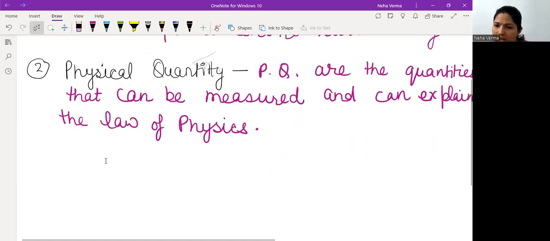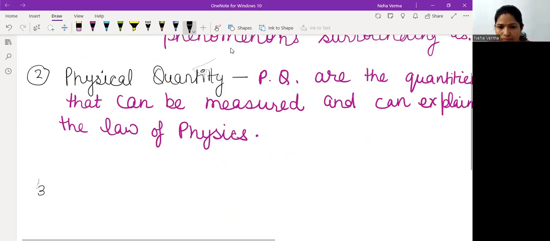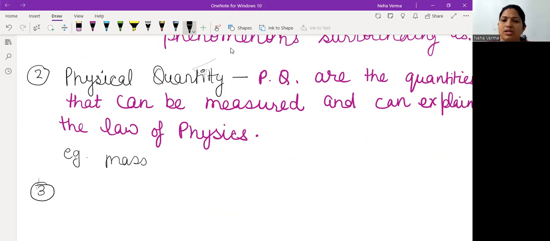Now, how many types of physical quantities we have? Can anyone give some examples for this? Basic, fundamental. Mass, you always talk about this, anything you buy is how much kg.